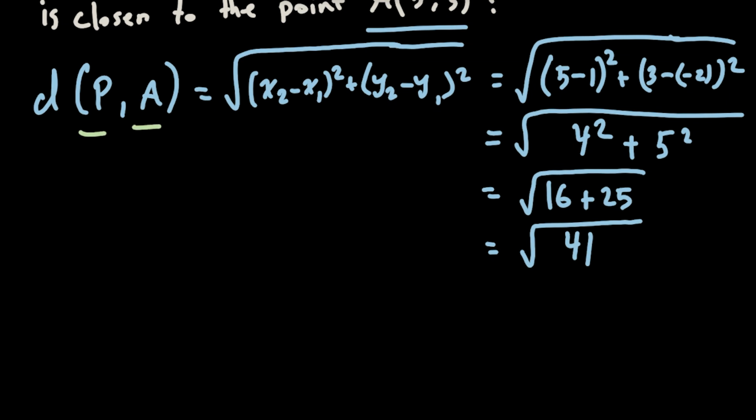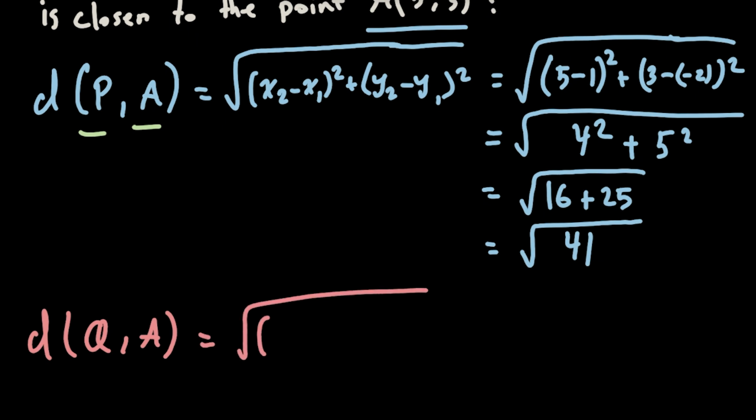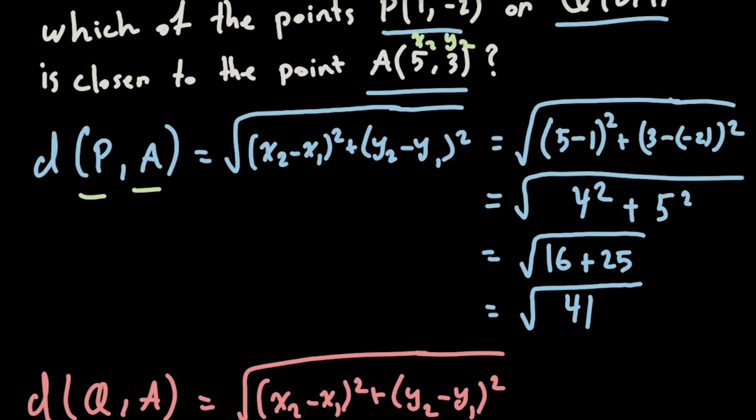Let's find the other distance. Now we want to find the distance between Q and A. That would equal the square root of (x2 minus x1) all squared plus (y2 minus y1) all squared. Let me just go back here. I want to see the points.